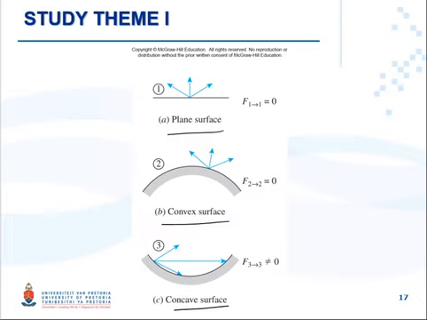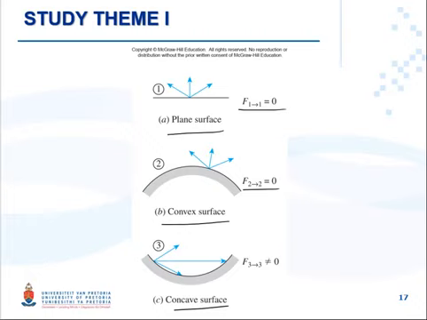For plane and convex surfaces, the self-view factors are equal to 0. Why? Because no radiation can go back to the surface itself. So all the radiation leaves the plane surface and convex surface, and that's the reason why the self-view factor of these 2 surfaces is equal to 0.